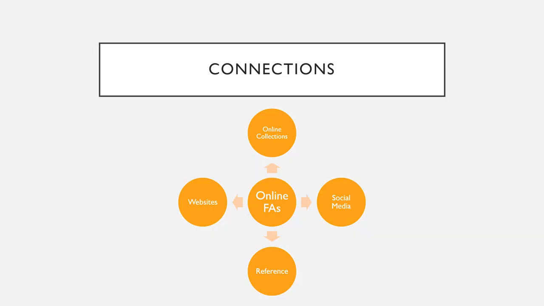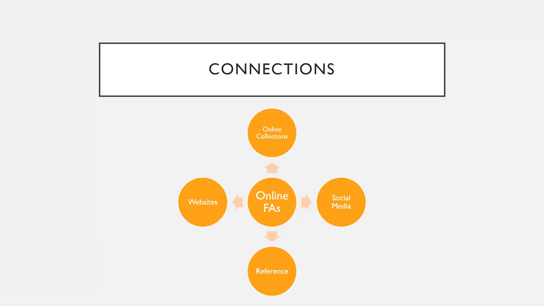The last connection that I'll talk about is the connection between online finding aids and websites. If you have the best set of online finding aids in the world, but no one is actually able to find them because they're buried somewhere on your website, then that's not going to do a whole lot of good. So it's really important to have clear indicators on your website where online finding aids can be located.